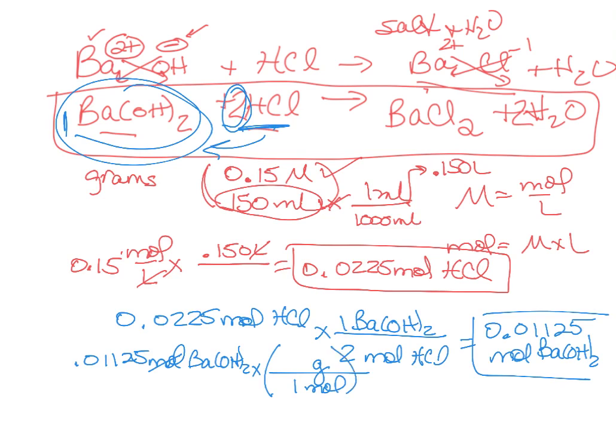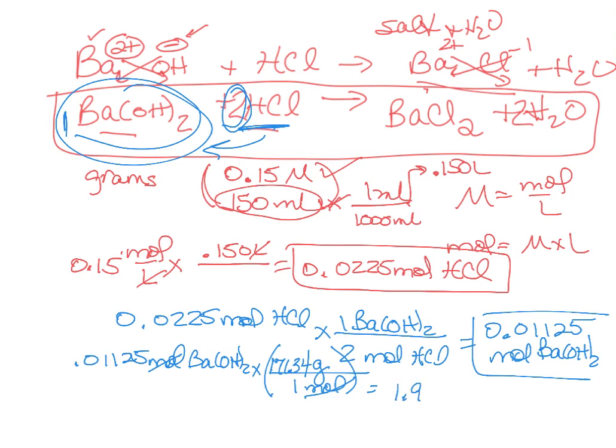And anytime you're converting between moles and grams or grams and moles, you need the molar mass. And the molar mass of barium hydroxide is 171.34 grams per mole. And so now the mass that's required to react with all the given HCl is 1.9.